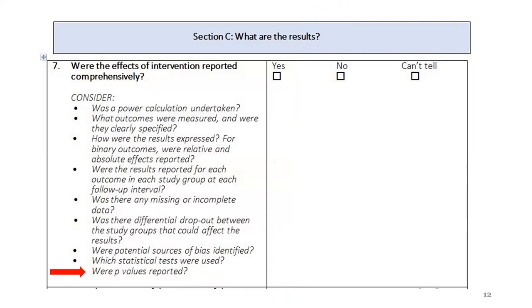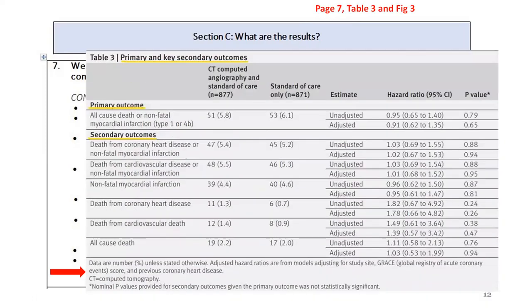So where were the p-values reported? If you go to page number 7, table 3 and figure 3. In table 3, they have divided it into primary and secondary outcome and expressed the p-value in this section. For the primary outcome, all-cause death or non-fatal, it is 0.79.